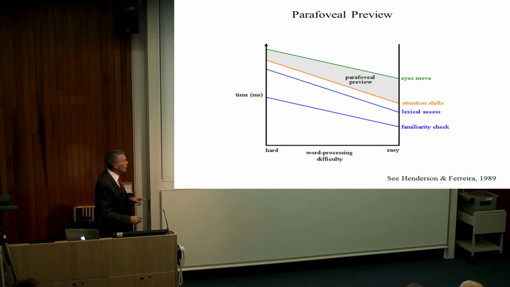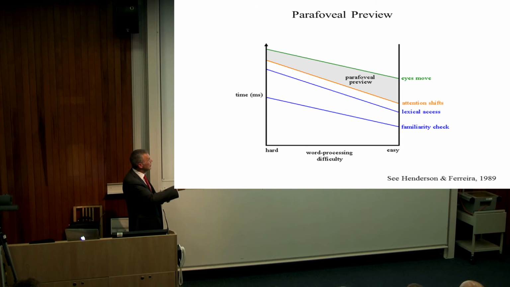What I'm showing here is the time it takes to complete the familiarity check as a function of how difficult the word being attended to is to process. You can imagine an easy word might be a frequent word, and a difficult word might be a low frequency word, and the familiarity check increases linearly with the difficulty of the word.